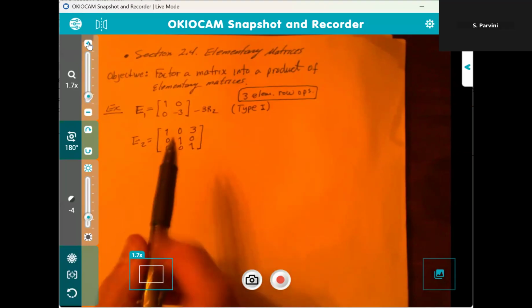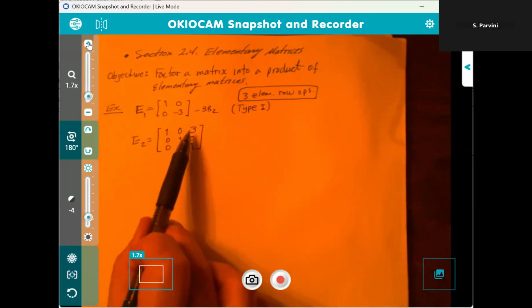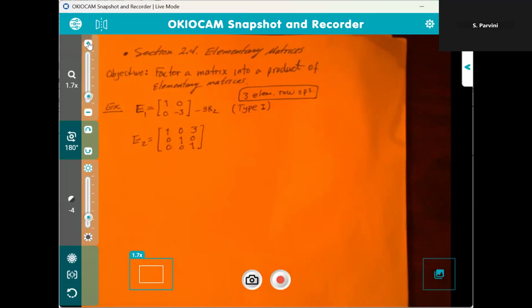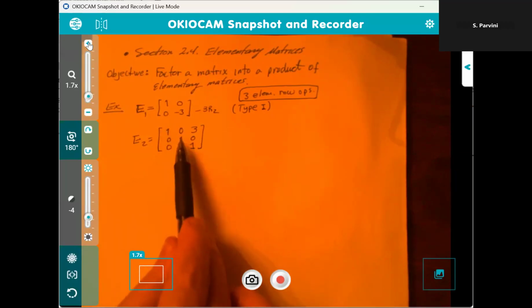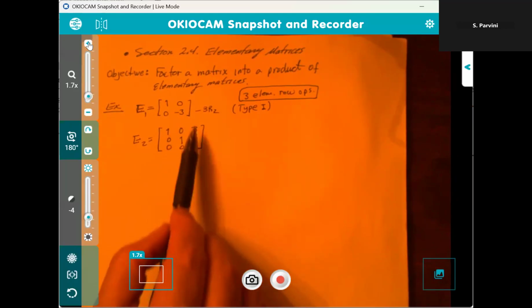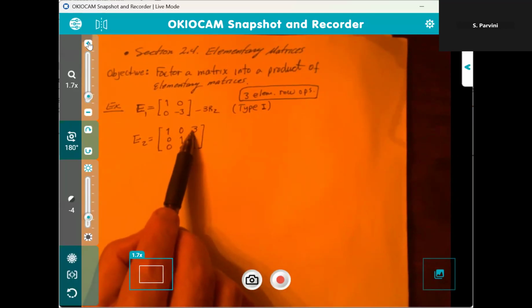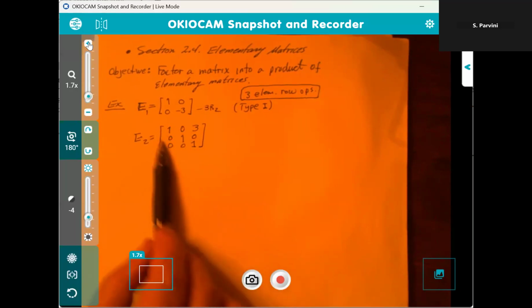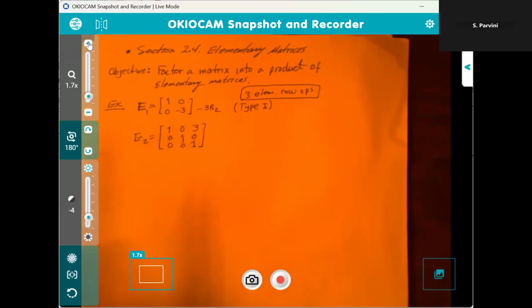So what do you think I did to get the 3 there? Remember, the identity matrix has 0s off the diagonal, and I have a 3 here. What do you think I did to this identity matrix to create a 3 here?